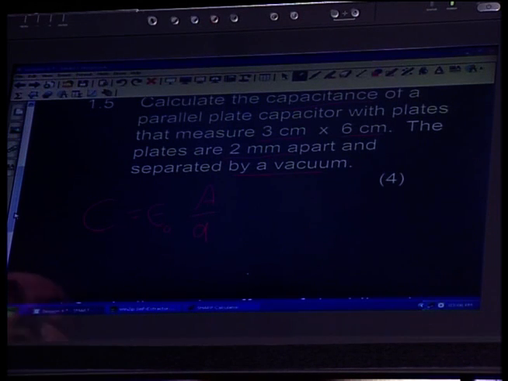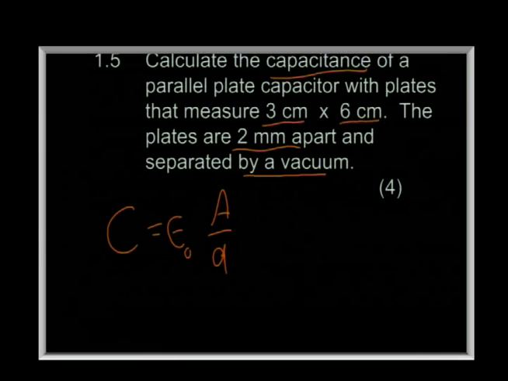And it's really important that you do that change to make sure that you don't make a mess of it. The important thing here is that you've got to make sure that you've got your area right. So we're going to put it in from centimeters to meters. That means we're going from the value of 3 centimeters to meters. 3 centimeters, centi is 3 times 10 to the minus 2 meters.